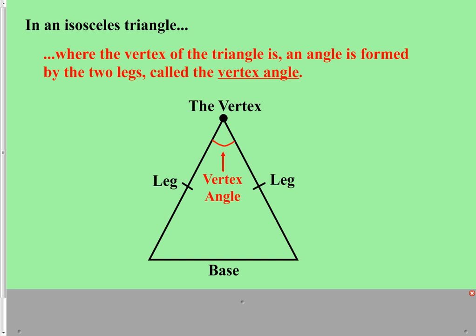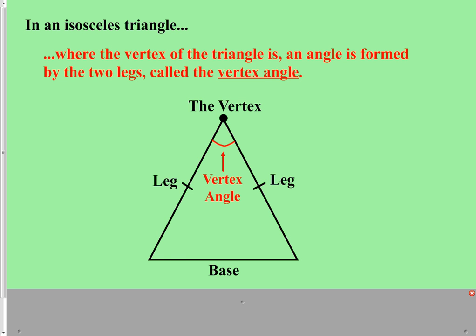So if your first diagram was so small that you cannot write inside of it, go ahead and draw yourself a new triangle now that has some extra space so you can label some angles inside of it. Okay, but the vertex angle is, of course, the angle near where the vertex is at. And that's going to be important. If we cannot identify the correct location for the vertex, that's going to cause us to put the vertex angle in an incorrect location, and that's going to cause us some mathematical mistakes later on.